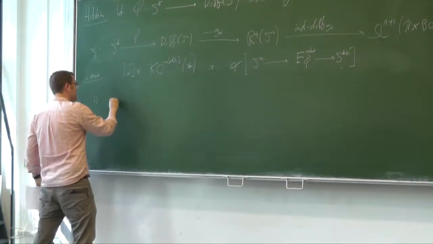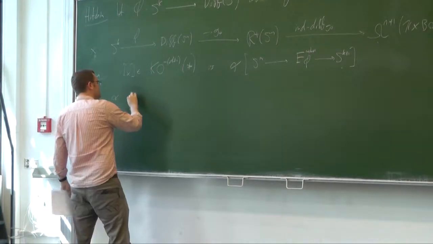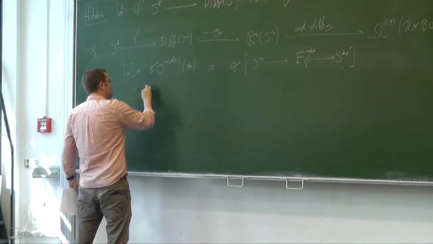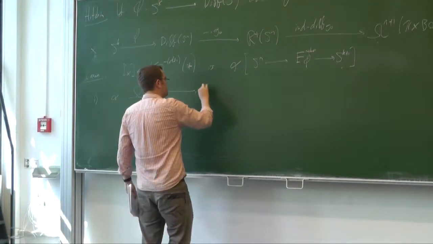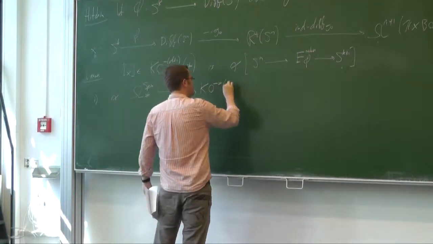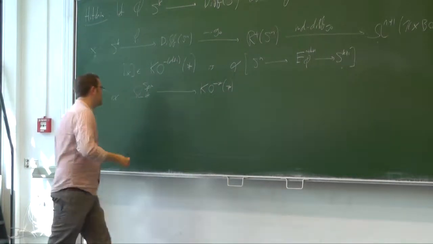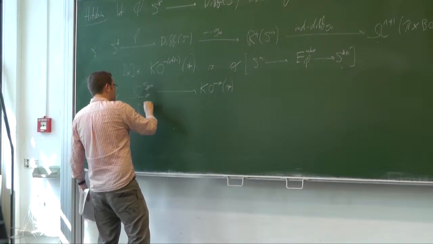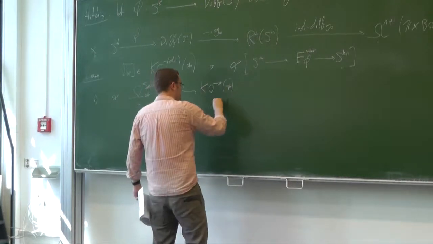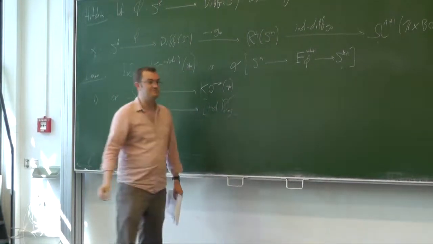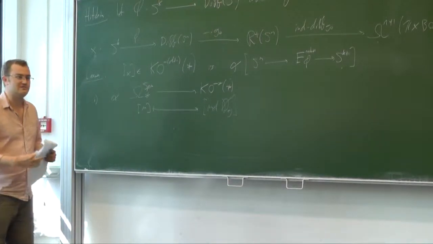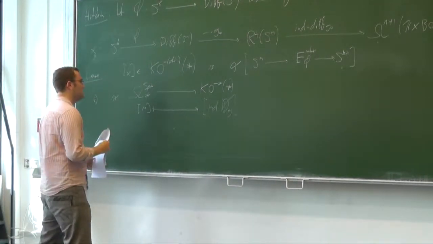So one, what is alpha? Alpha is the map from the cobordism group of spin manifolds to K groups, K of a point. And it's the map basically that sends M to the index of a Dirac equation with respect to some metric, and it doesn't matter which because it's a topological invariant.